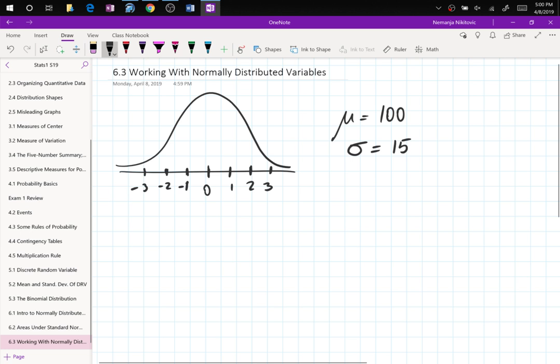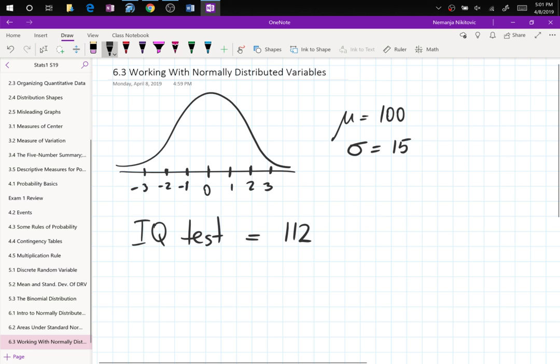Let's say you ran your IQ test, it came up as, I don't know, 112, right? You want to know where you fit. So what do you do?